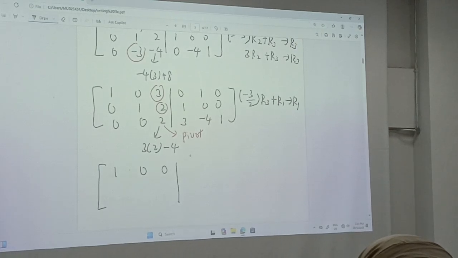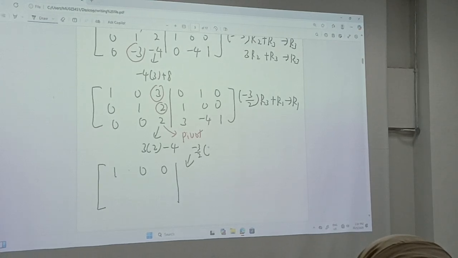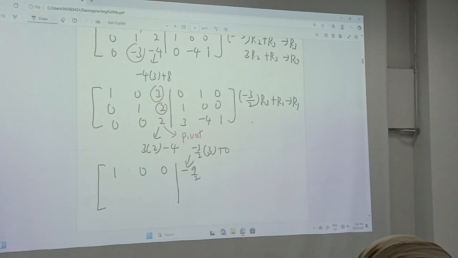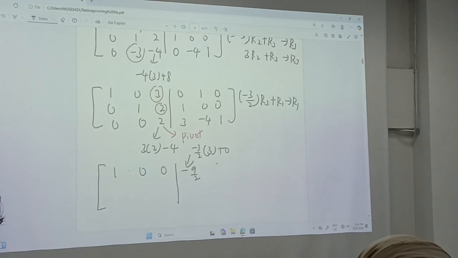And here we need to do the calculation. Negative 3 over 2 times R3 plus R1, 0. So it'll be negative 9 over 2. And here we also need to do the calculations. Negative 3 times R3, negative 4 plus 1.